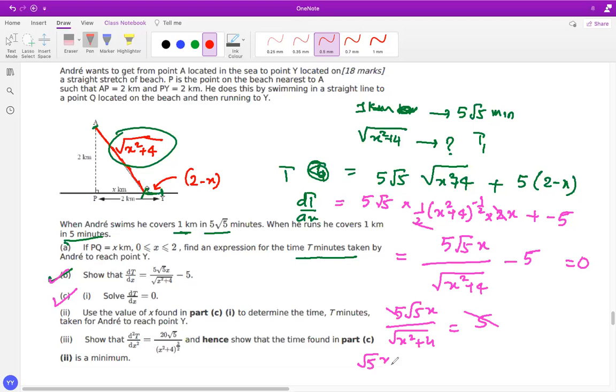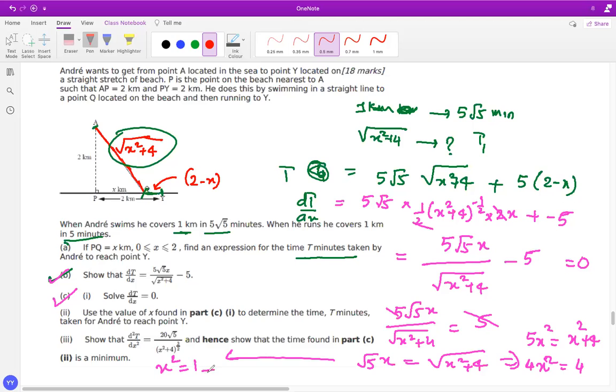So √5 x equals √(x squared plus 4), and then you solve for x. Square both sides, and it will be 5x squared equals x squared plus 4. So 4x squared equals 4. So x squared equals 1. This gives x equals plus or minus 1.